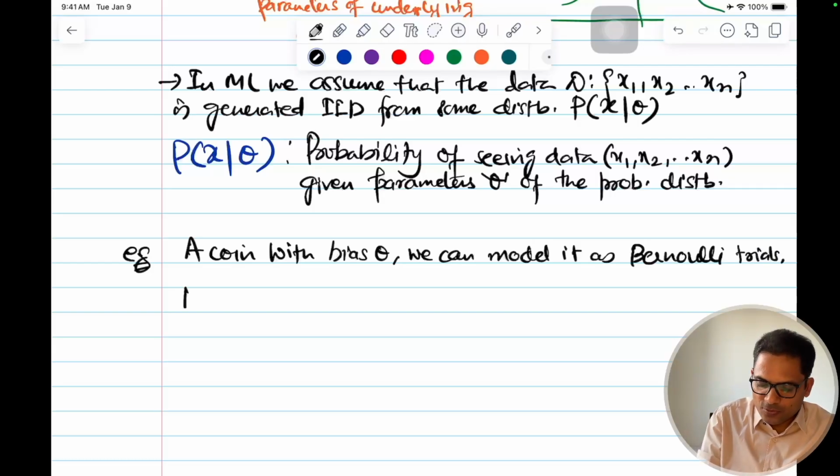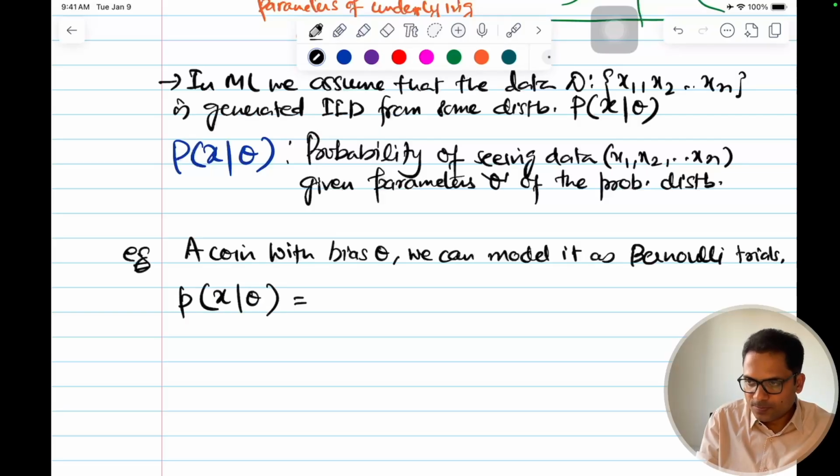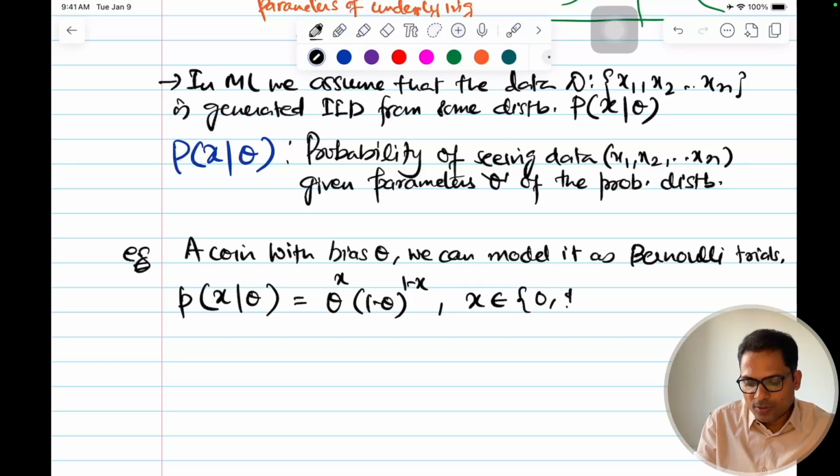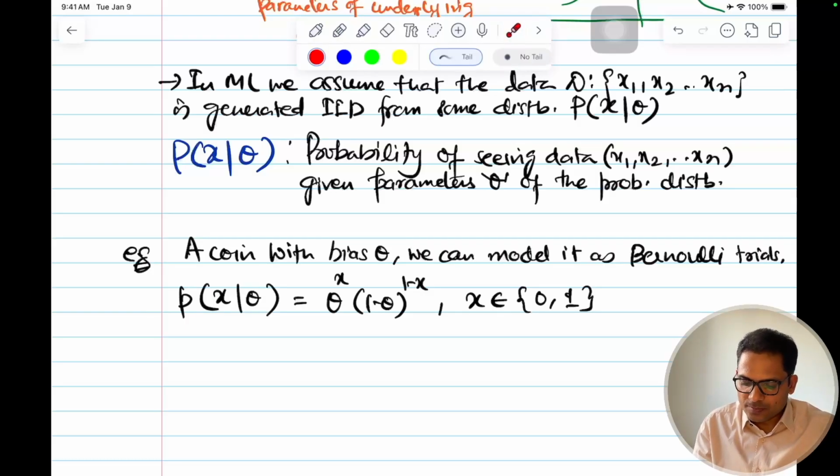So what will be the probability of seeing the data x given theta? This will be equal to theta to the power x into 1 minus theta to the power of 1 minus x, where x belongs to 0 or 1. And this theta is the parameter of this Bernoulli, right?